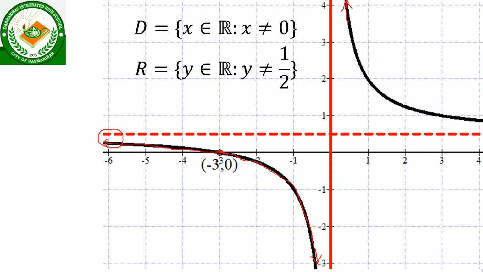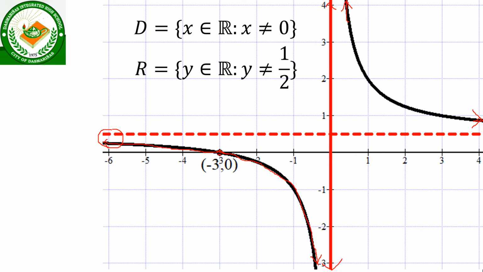It approaches the horizontal asymptote, but it will never intersect the horizontal asymptote. So we have this. By the way, the vertical asymptote should be drawn by a broken line, but since the application that I use does not allow me to do that, it is solid, but it should be broken.